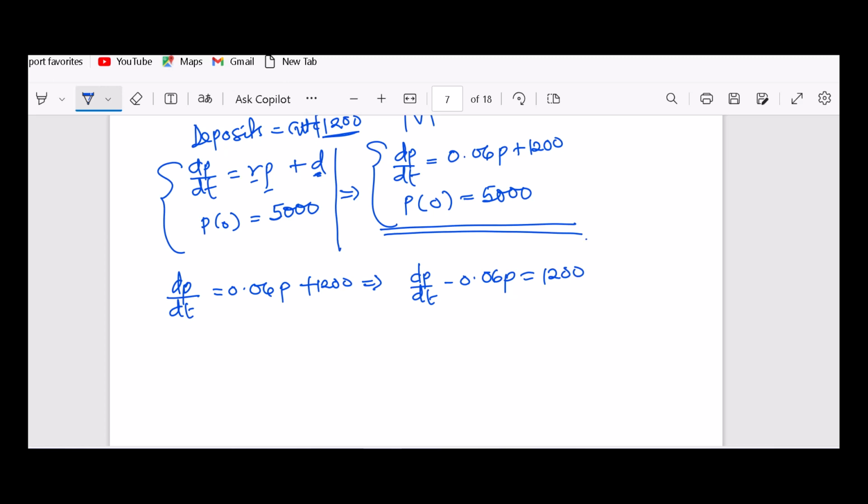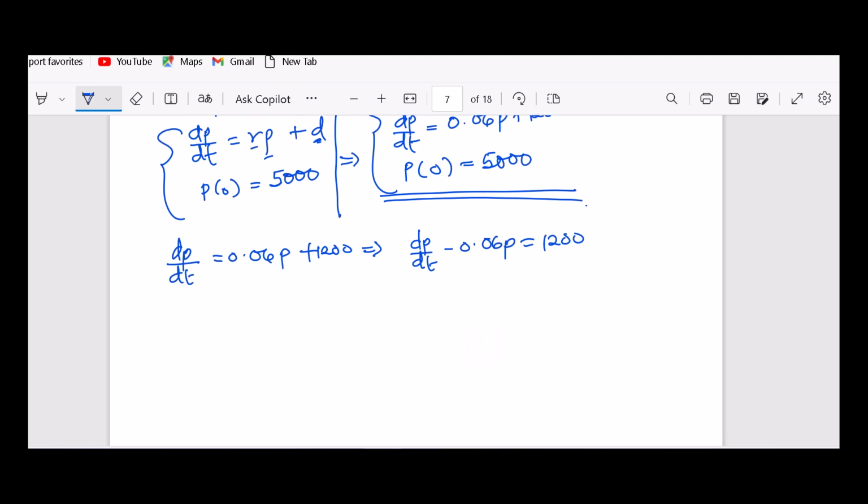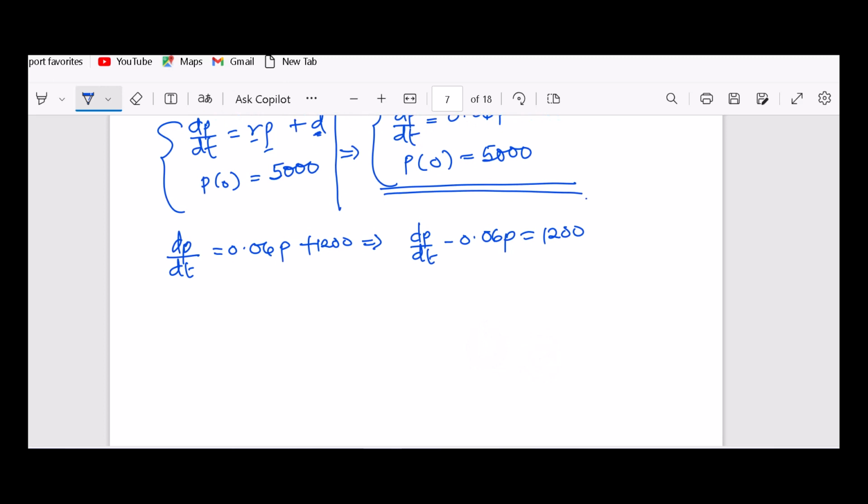This is our standard first order differential equation, which we can solve by two methods: the integrating factor approach, or the method of undetermined coefficients. I prefer the integrating factor approach because it is shorter.